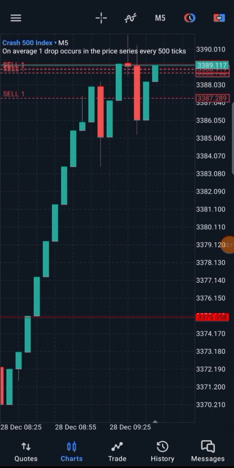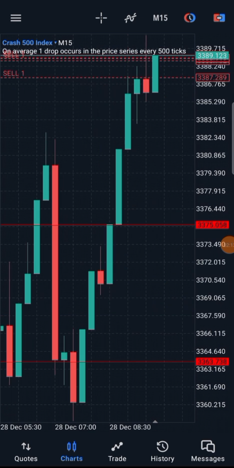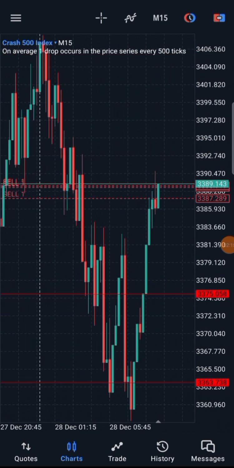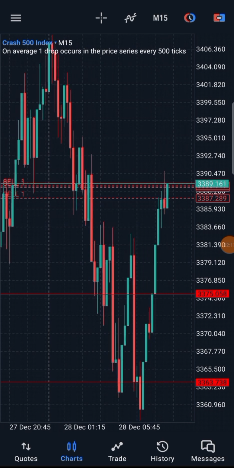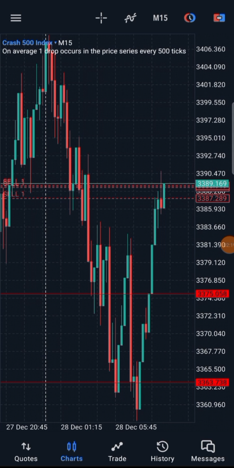Okay, so I'm waiting for a part where it shows that it's a QML, where you get to see the higher low, the higher high. Then you place your trades in line with the previous higher low.